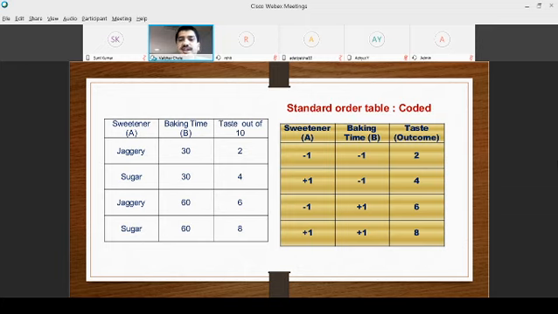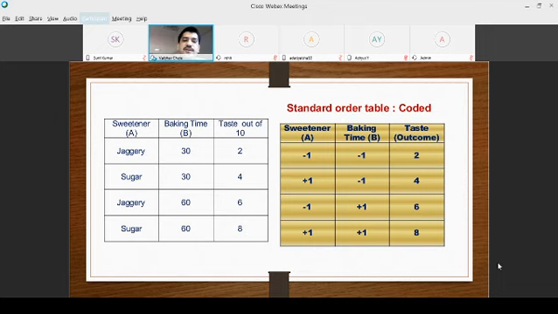So for the taste, let us say for the sweetener jaggery and a baking time of 30 minutes, the taste we have got is 2 out of 10. When we go for +1, -1, that means sweetener +1, which indicates sugar, and baking time of 30 minutes, the taste outcome is 4.